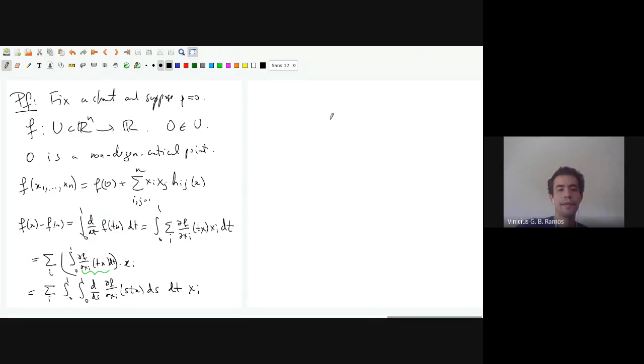So that's going to be equal to the sum. And now you have another chain rule here, so another gradient that I can replace with a sum. So the sum over i and j of the integral from 0 to 1, the integral from 0 to 1 of the second derivative of f dxj dxi of stx times t xj xi.